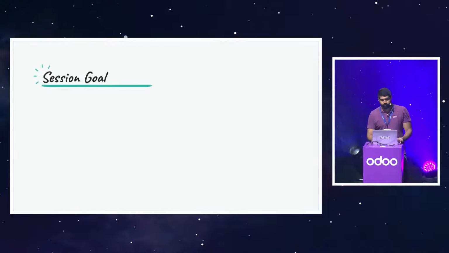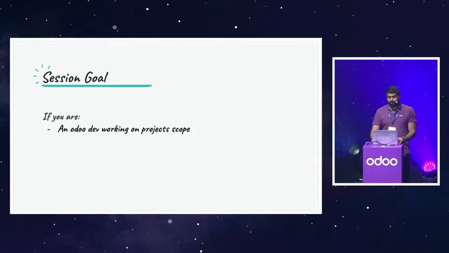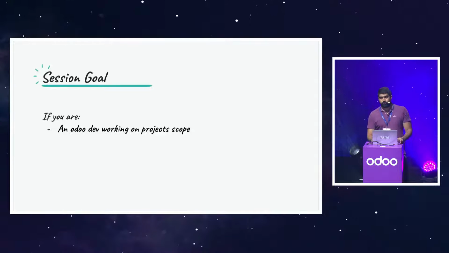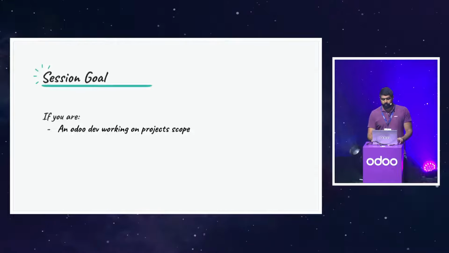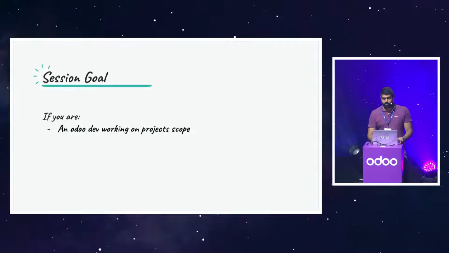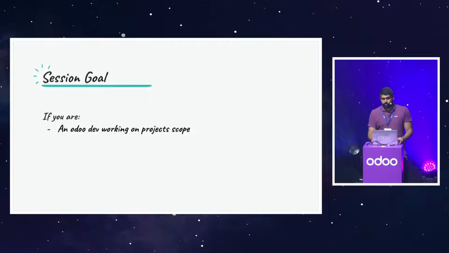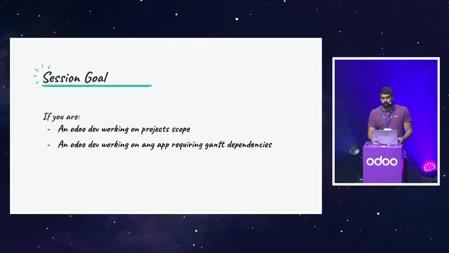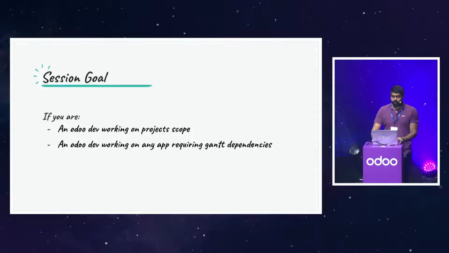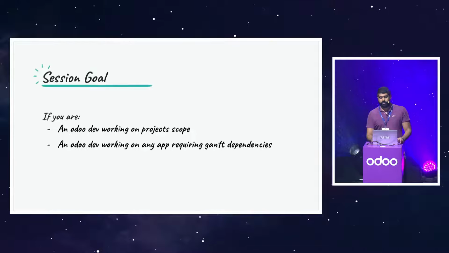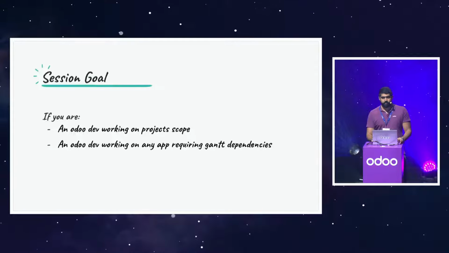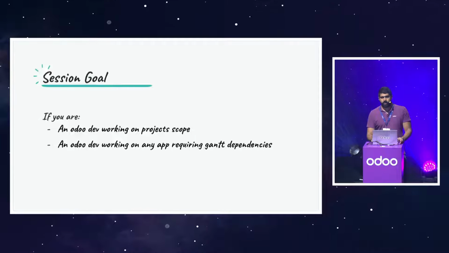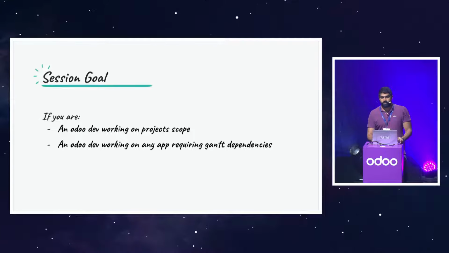Now, the goal of the session is simply, if you are an Odoo developer working on project scope, maybe one day you will need to fix some bug or to add some custom features for your customer, so you will deal with this implementation. And if you are an Odoo developer working on any application requiring Gantt dependencies, the implementation was done in Web Gantt, so maybe you will need to inherit some hooks and add your business application logic, but we will deal with it.